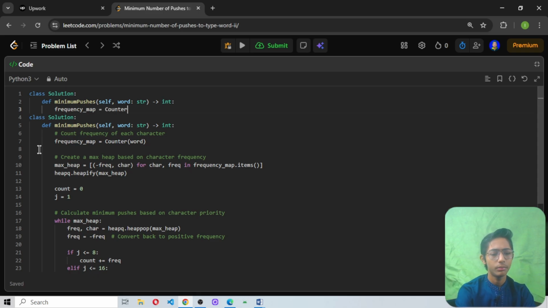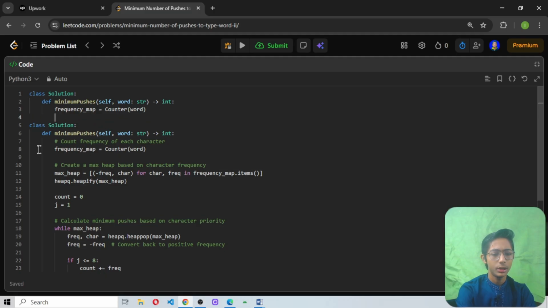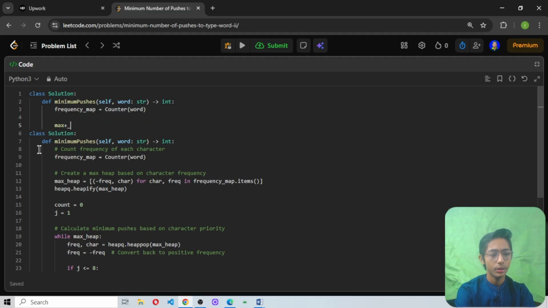Then max_heap equals minus frac, char for char, frac in frequency_map.items().